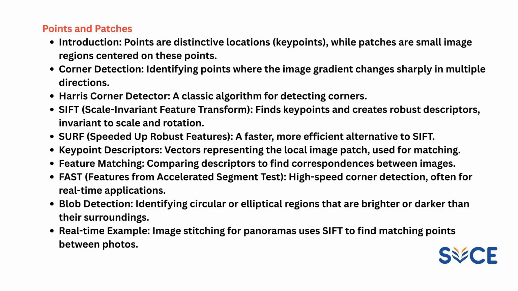The blob detector is another type of feature detection that looks for bright or dark circular regions in an image. I'll show you a quick diagram explaining how these descriptors work and how they enable feature matching, which is the process of comparing descriptors to find the same point between two images.